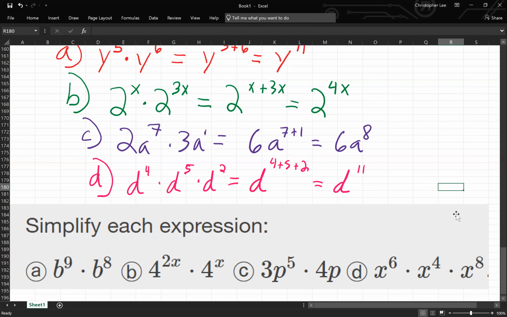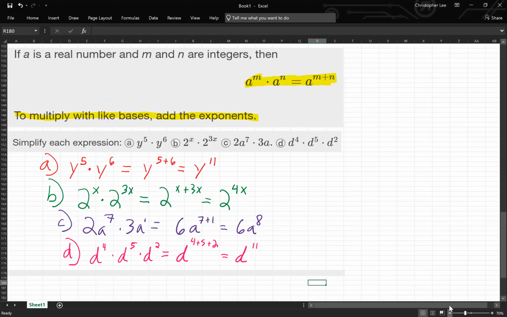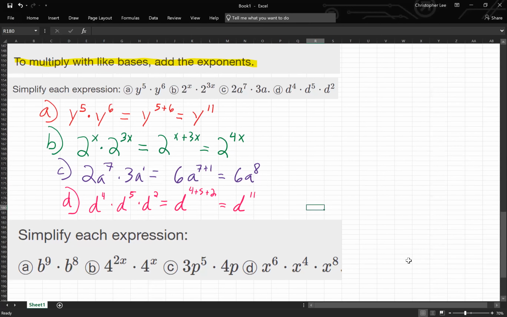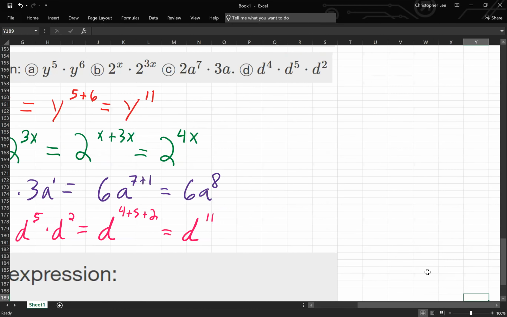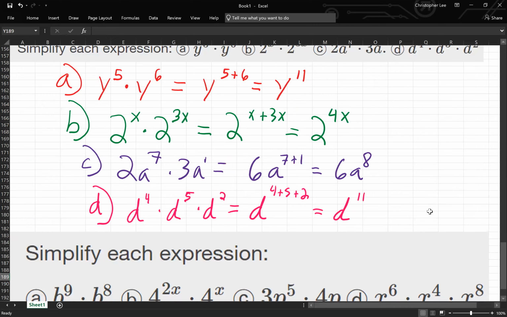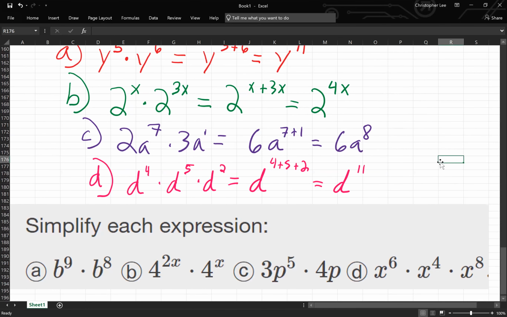You guys try. No, it's not. That's the base.